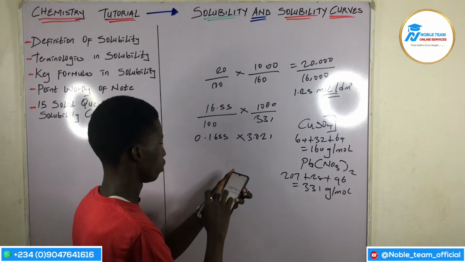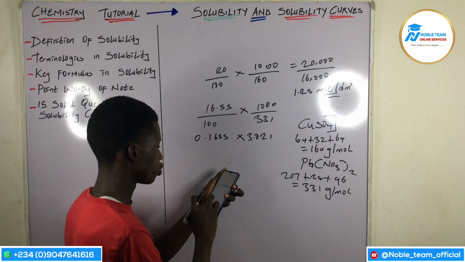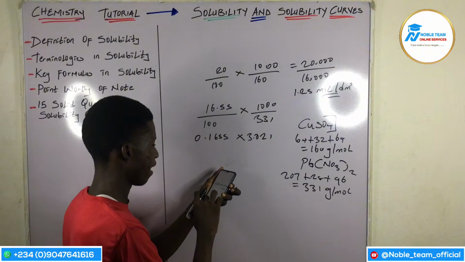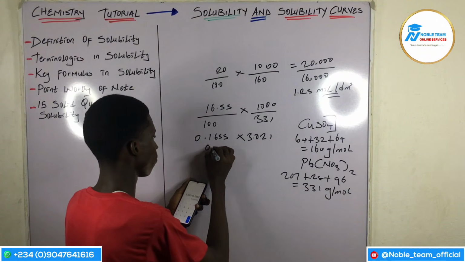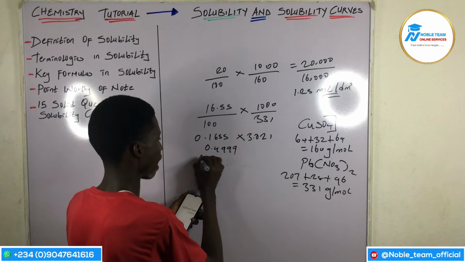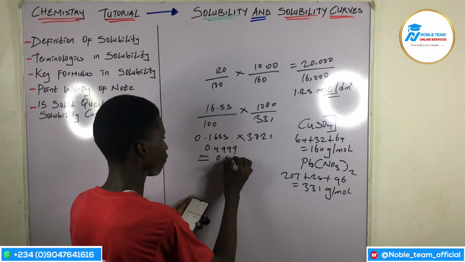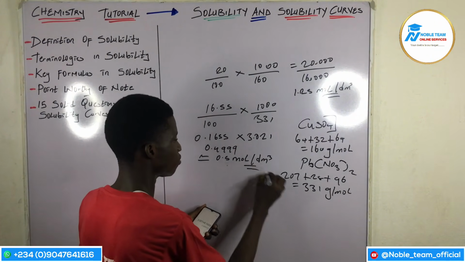Then 3.021 multiplied by 0.1655 gives 0.4999. So to approximate it, I have 0.5 mole per dm cube. This is the final answer.